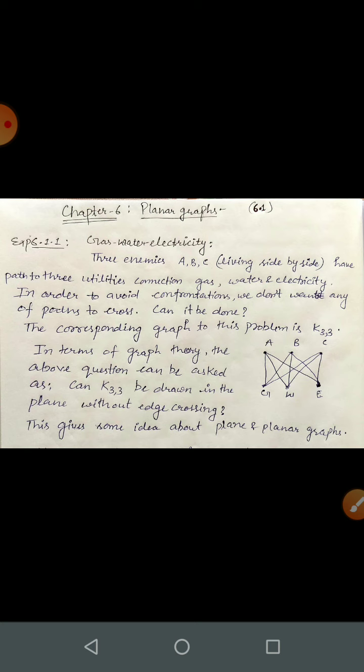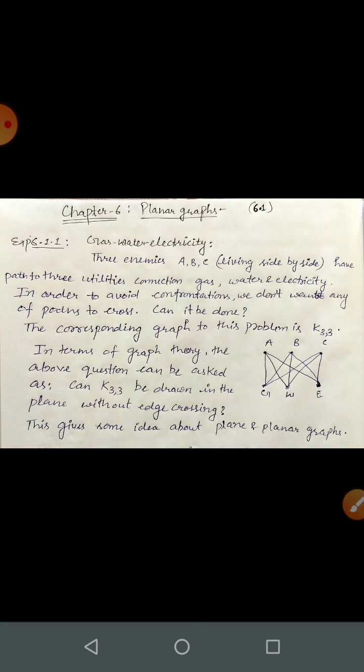I have covered the application part earlier also. The motivation for this planar graph was the famous four vertex color problem, or you can just say the four color problem. And what was that? Can the regions of every map be colored with four colors so that regions sharing a non-trivial boundary have different colors?